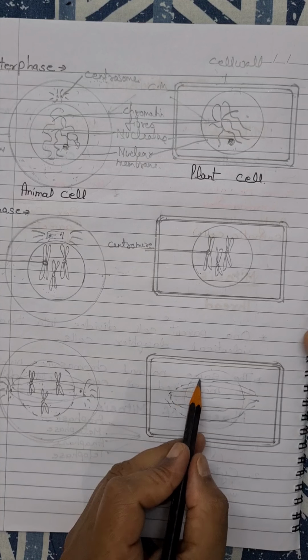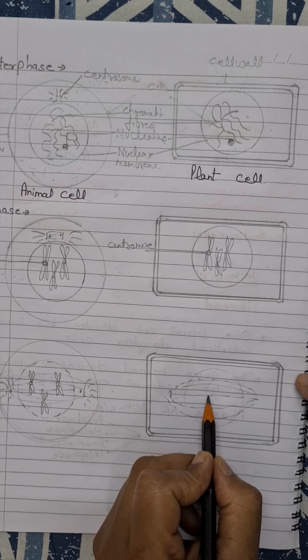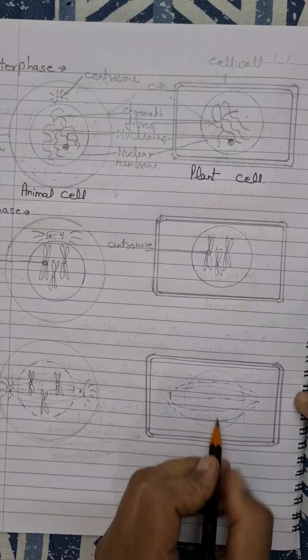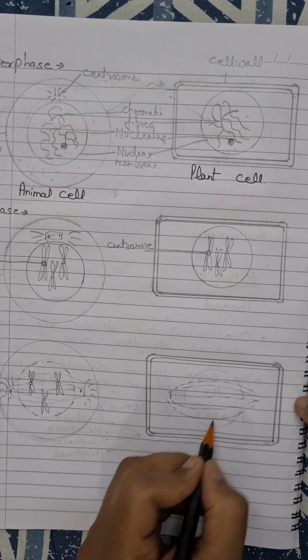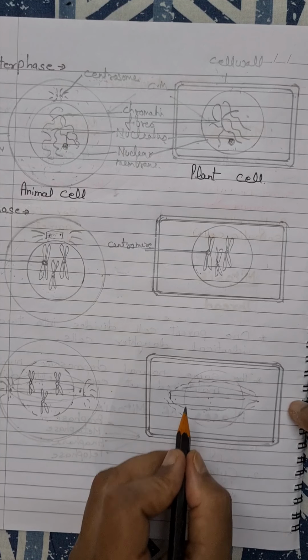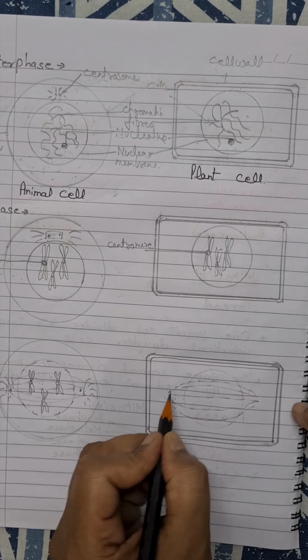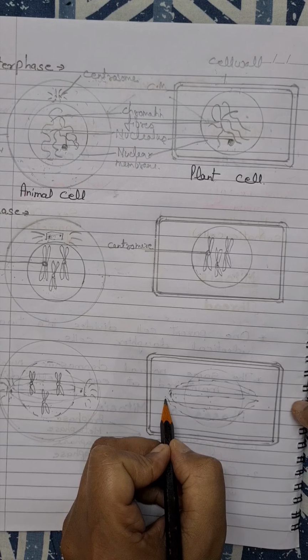As the centrosome is not present here, the formation of spindle fiber in the plant cell takes place due to condensation of microtubules present in the cytoplasm. Microtubules are a type of protein which condense to form spindle fiber in the plant cell. So spindle formation takes place in the plant cell during prophase.